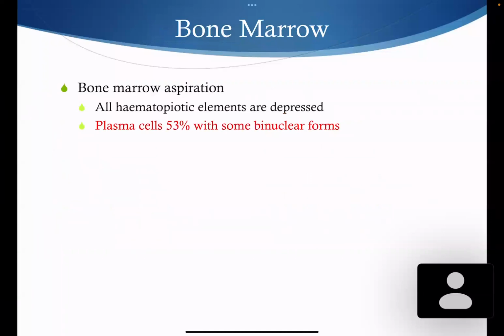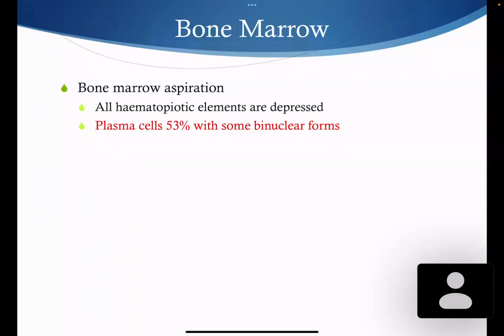Definitely, you can never diagnose for certain without a bone marrow biopsy. And the clue for the bone marrow biopsy is to find the plasma cell. And as we will see later, the percentage of the plasma cells, and the intensity of the immunoglobulin or the monoclonal band, are the driving factors for the classification of the malignant clone or the MGUS or the MGRS, as we will see later.